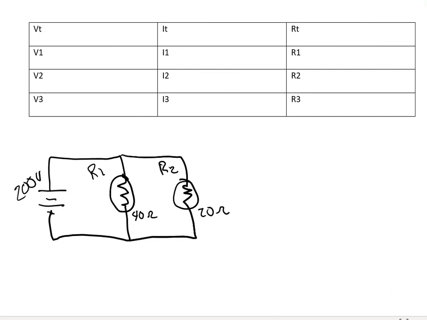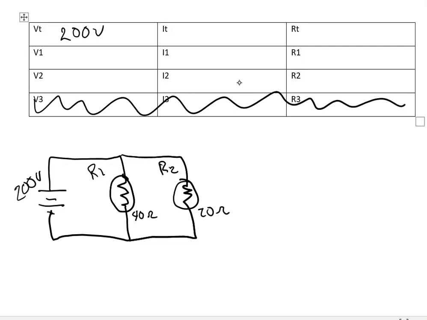So again, what we've learned to do here is to fill in my givens. My voltage here is 200 volts. Notice I don't use a third resistor here, so I just gave you 2 resistors for this one: 40 ohms and 20 ohms. Because it's in parallel, we know that resistor 1 is going to get 200 volts, because in parallel they all get the same voltage.